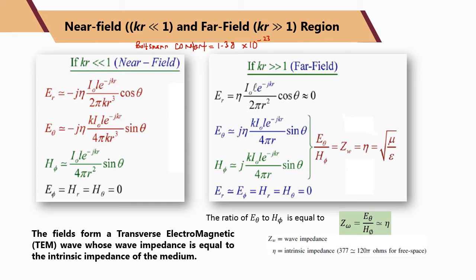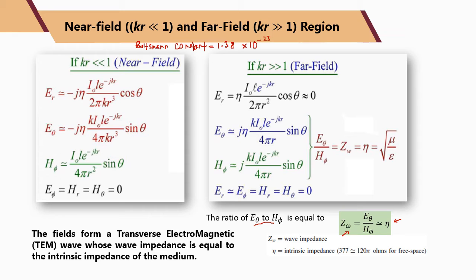Right, so the ratio between E theta and H phi is equal to the wave impedance. Z omega is the wave impedance, which is the ratio between the E theta field and the H phi, and it is more or less equal to the intrinsic impedance.